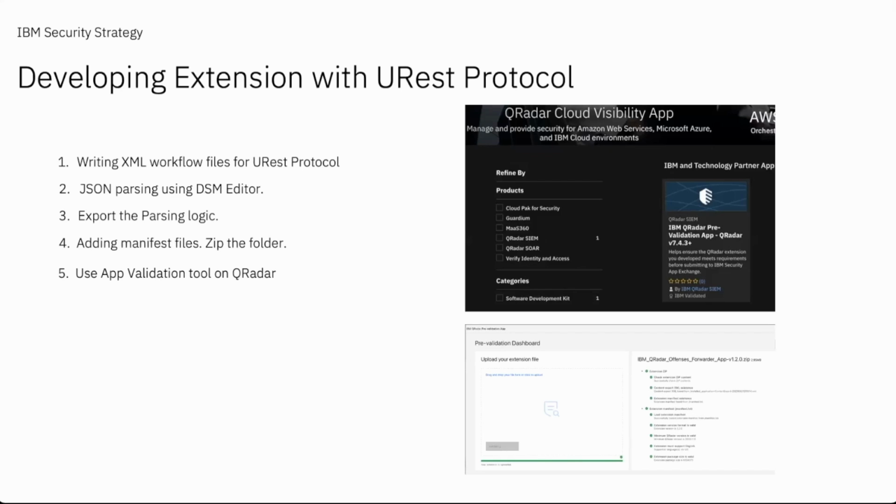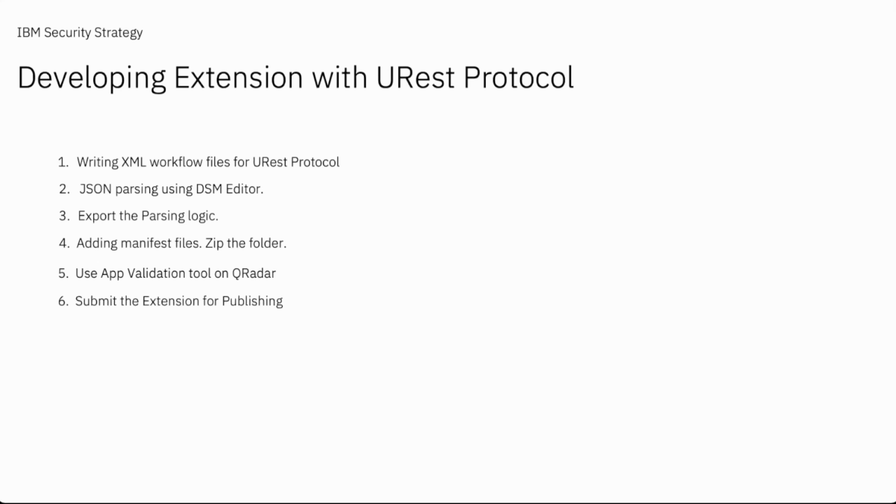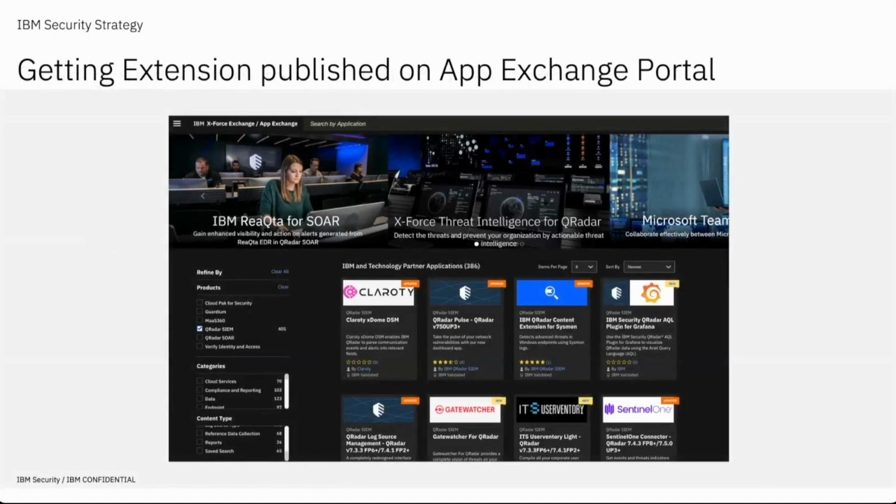So as I said, once the pre-validation app tool is working fine, you submit the extension for publishing. We have the IBM Xforce App Exchange. Here, the app or extension that you provide first goes through a validation process. We have a validation team which does a QA for it. It understands whether there are any problems or conflicts with it.